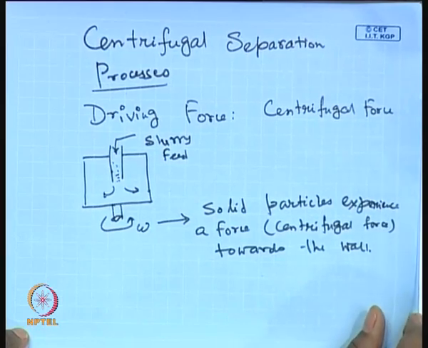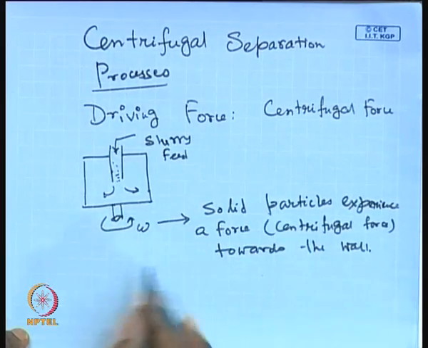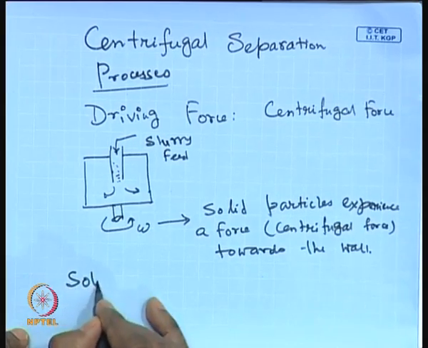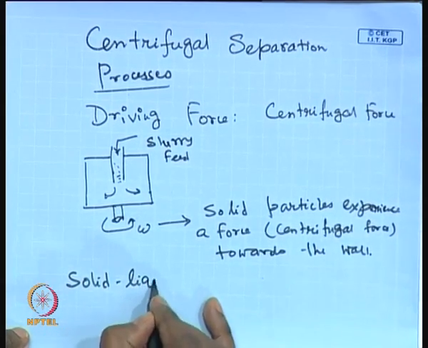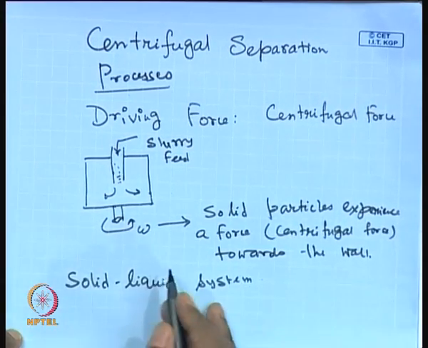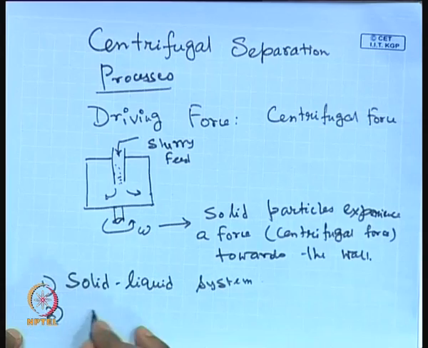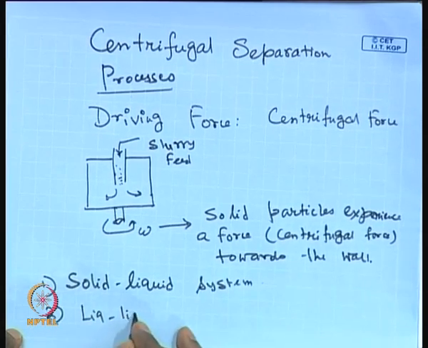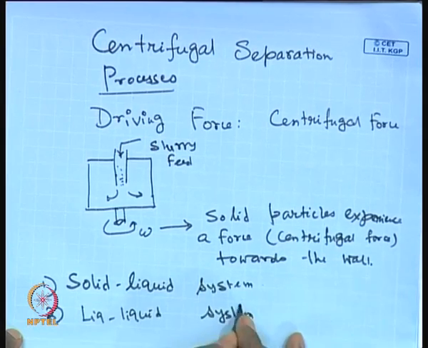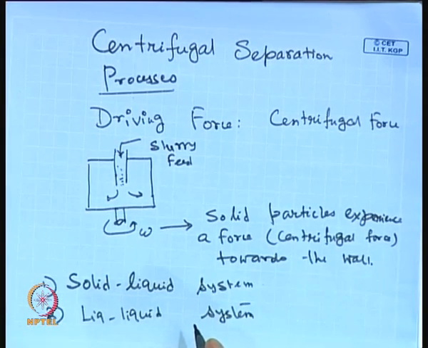Now, this centrifugal separation can be operated on two systems. One is the solid liquid system, that is a slurry system. The second one is a liquid system, where the two liquids have a difference in density.